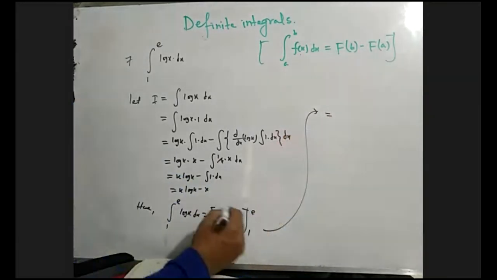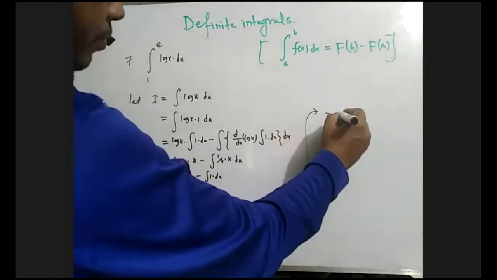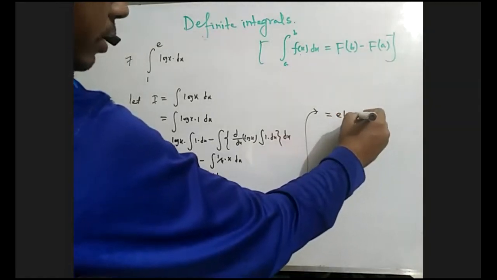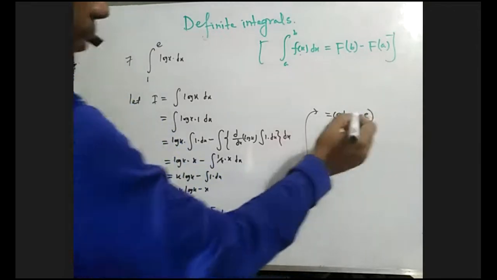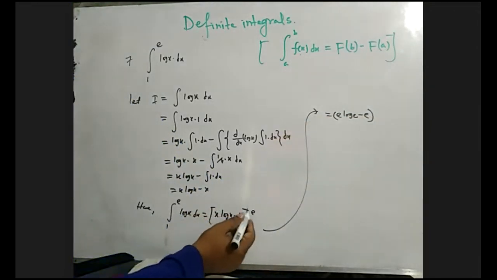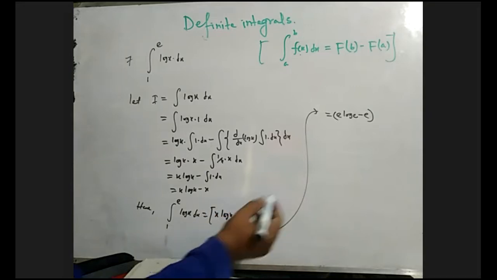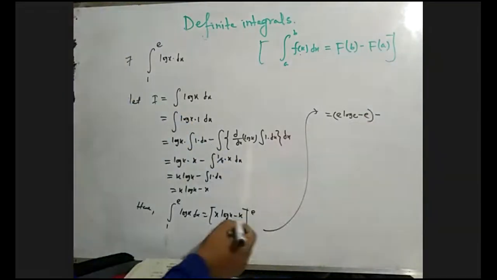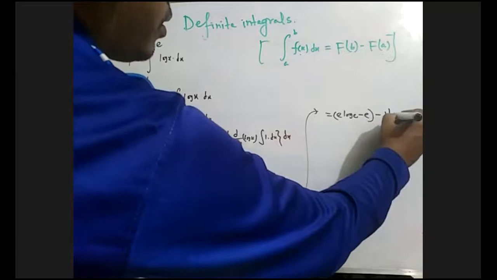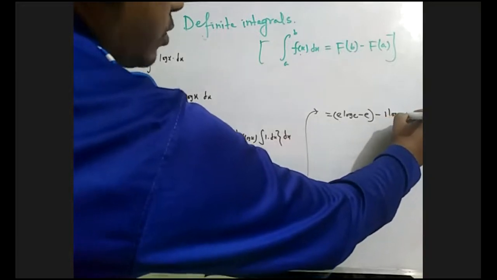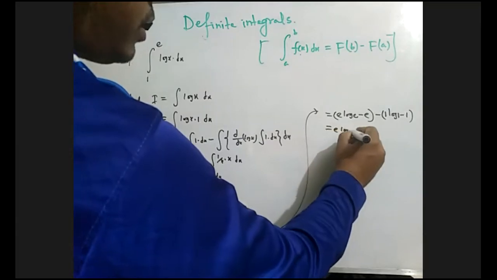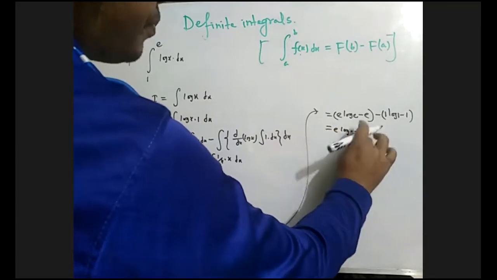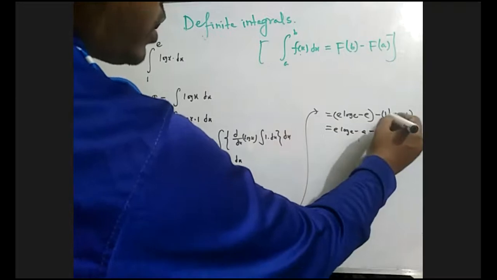After this line we can write putting the value of e here: e log e minus e, upper limit. In place of x we are putting e, then minus the lower limit x equals 1: 1 log 1 minus 1.